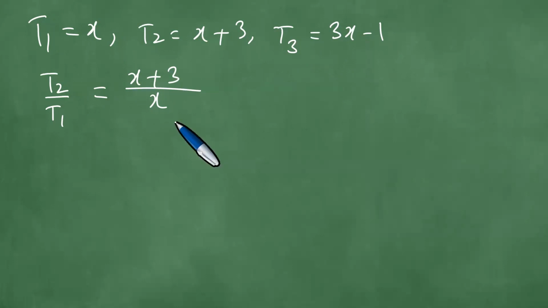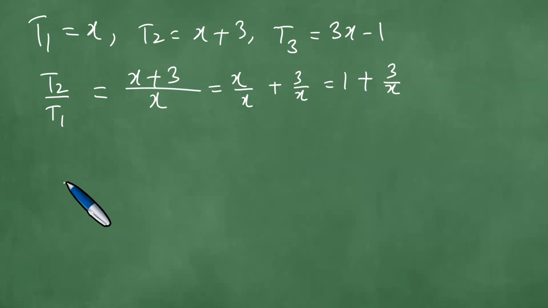What are we able to achieve here? If you divide x by x, and then you divide 3 by x, you get 1 plus 3 over x. Right, and then now you have T3 over T2. What is T3? Is it 3x minus 1?